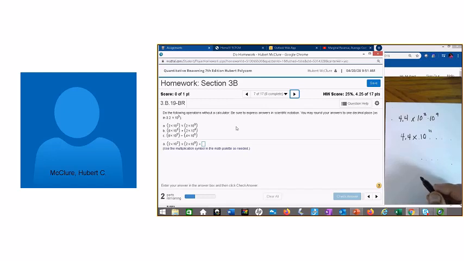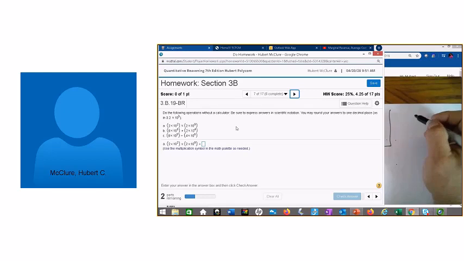Now, you can't do the other one this way. You're just going to have to do it old school because it doesn't have like terms. So, 8 times 10 to the 5th, that's 5 zeros. 1, 2, 3, 4, 5.